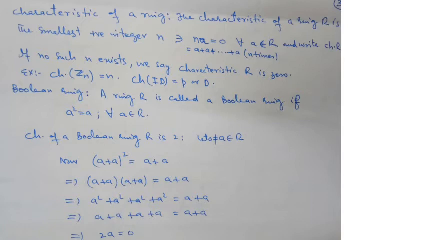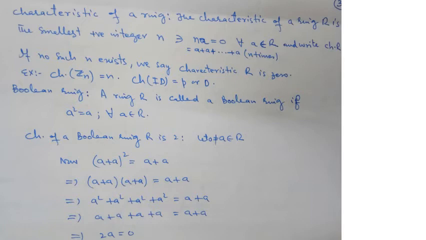The characteristic of a ring is the smallest positive integer n such that na equals 0. Here n is not an element of the ring; n is a positive integer and a is an element of the ring. na will be a plus a plus a, n times. So if a plus a plus a, n times, equals 0, we say that the characteristic of R is equal to n. And if no such n exists, we say the characteristic of R is 0.